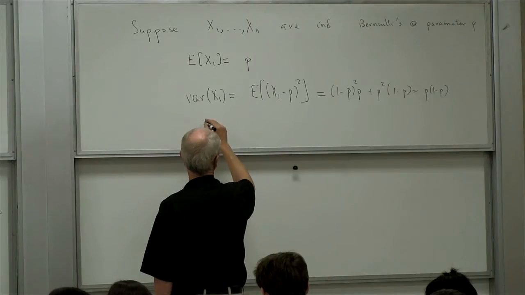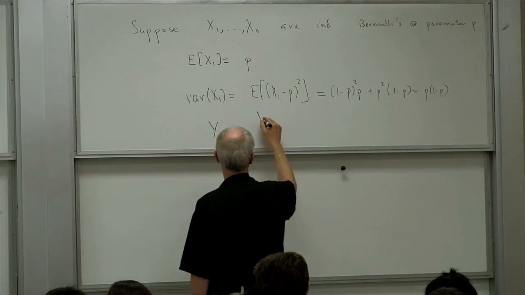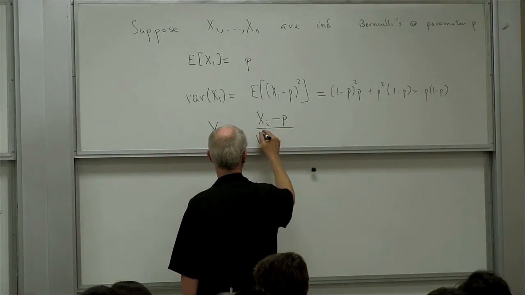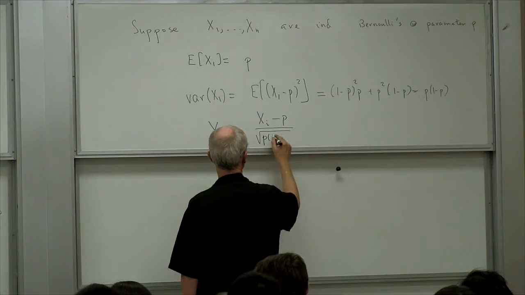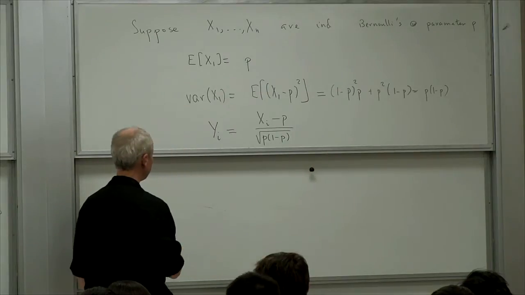So I'm going to define new random variables, Yi equal to Xi minus p divided by the square root of p times 1 minus p. What's the expected value of Yi?